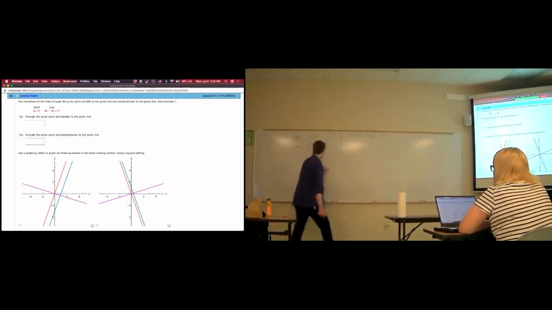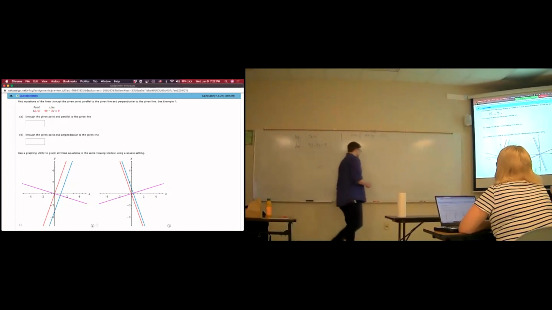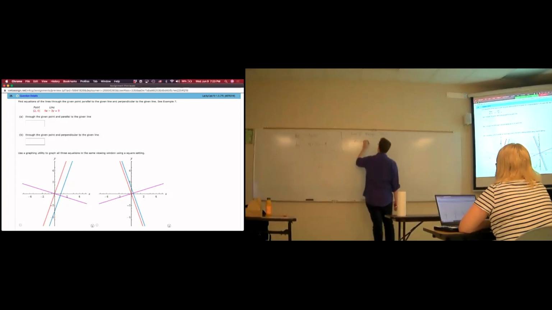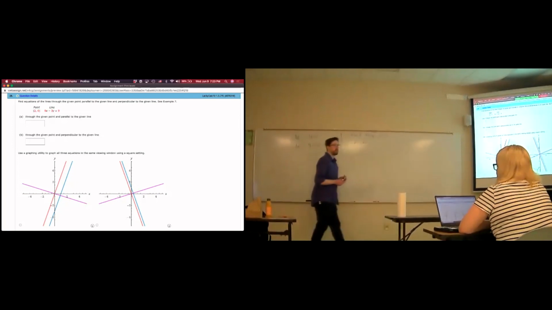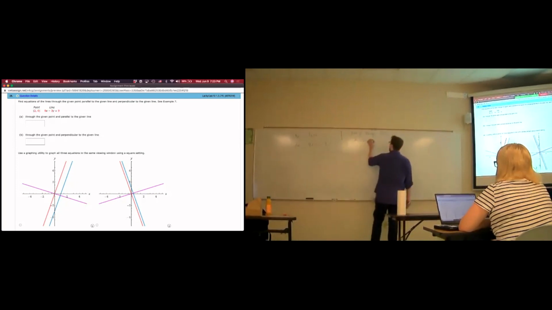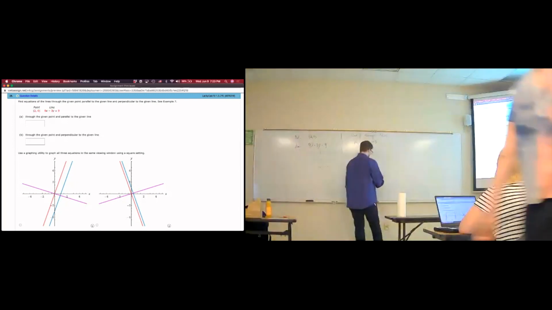Come back over here and notice our slope, M1, is equal to 3. We know that parallel lines have the same slope. M1 then has to be equal to M2, the slope of our second one, right? So this has to be equal to 3. All right, so far so good.